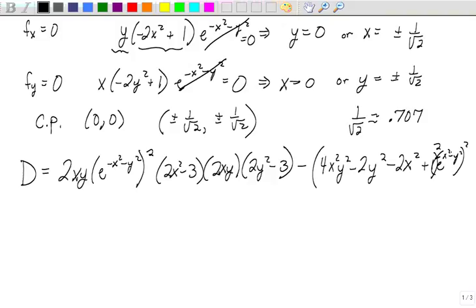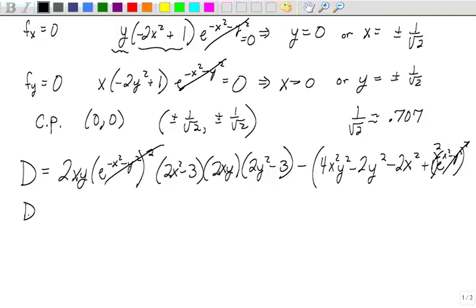Okay, well, if we're wanting the signs, whenever you square anything, that's going to be positive. And e to any value squared, when we take that out, that's going to be positive. So that's not going to have any effect on the signs.